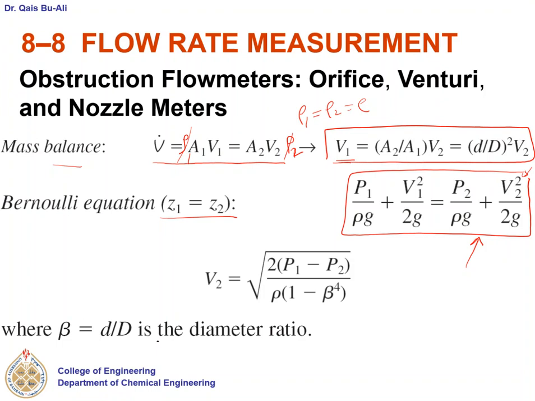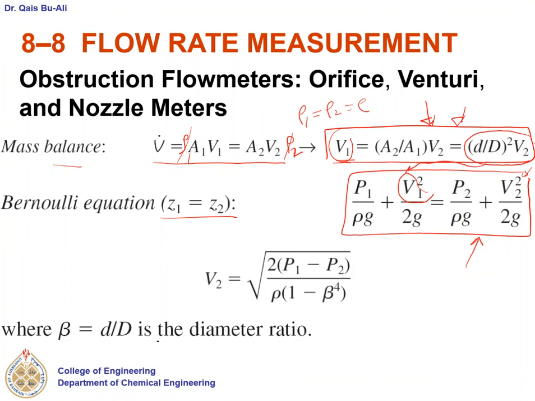So here we need another equation, and in this case the mass balance equation is used to augment it. I need another equation giving me a relation between V1 and V2, and this is the mass balance equation. So then all I need to do is use this relation between V1 and V2. I will just replace V1 square with this.